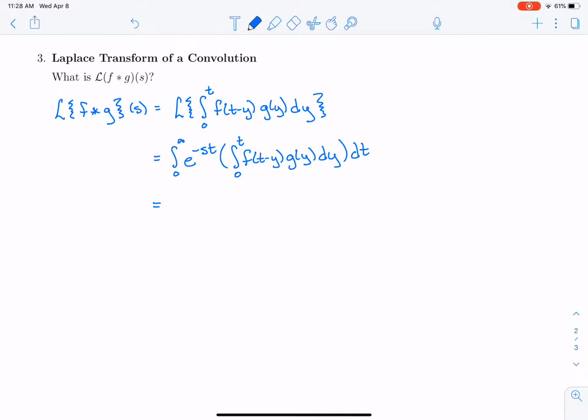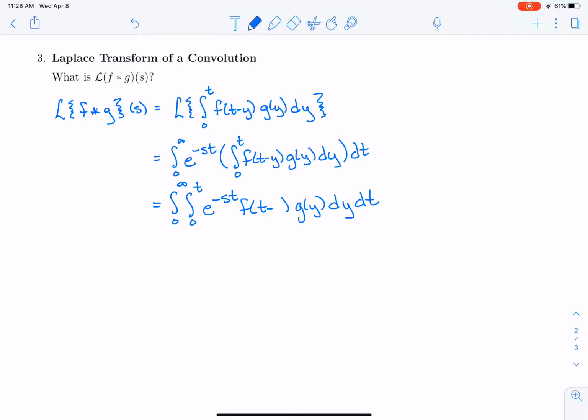So what I really have is a double integral. So looking back at multivariable calculus, this is the integral from 0 to infinity, and then the integral from 0 to t of e to the minus st f of t minus y g of y dy dt.